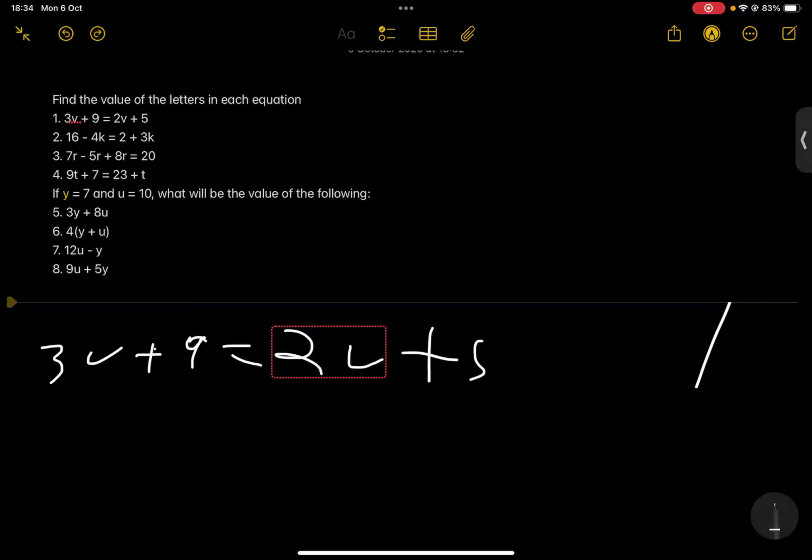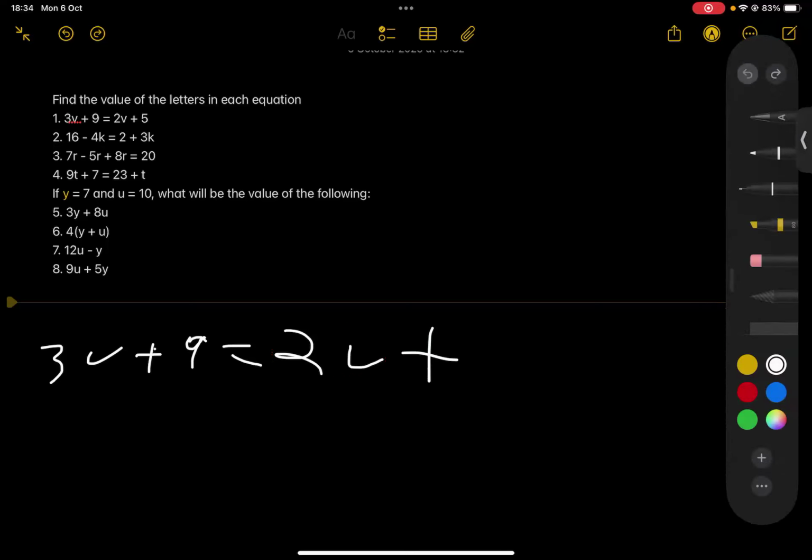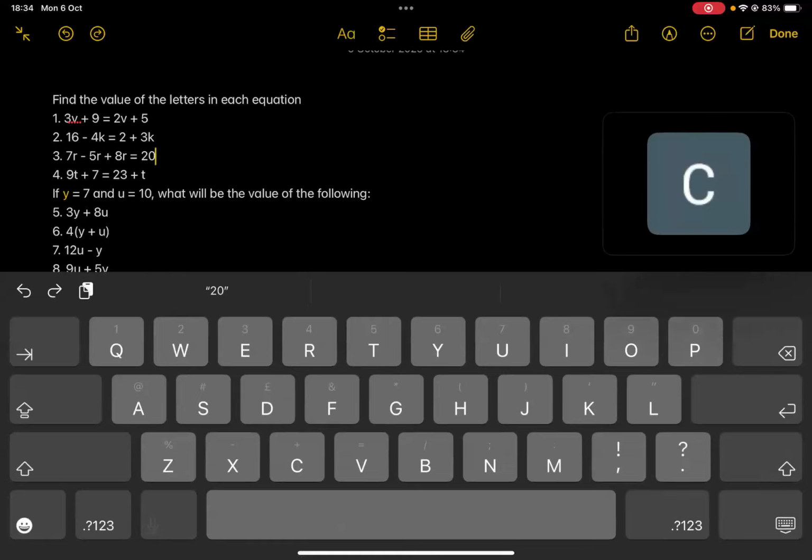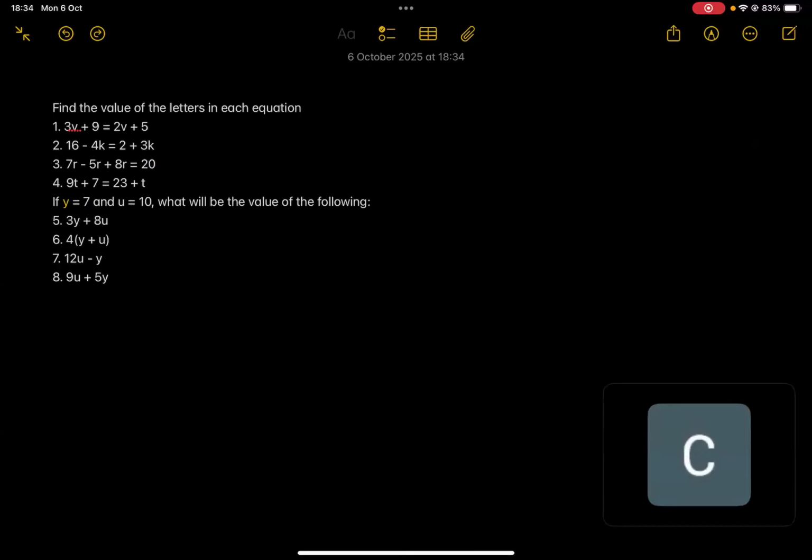Let me see. I'm not sure why it's not showing me the things I want to see. But you know what? Let me see if I can share my screen alongside yours. Don't worry, I'm going to bump you off so that you can see what I'm doing.